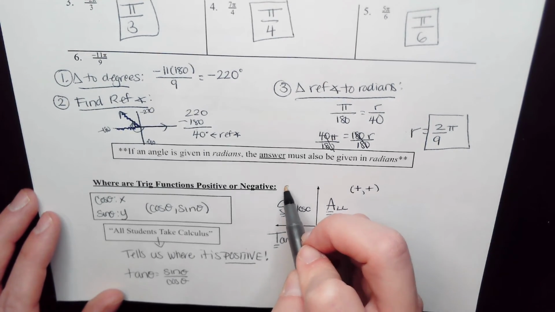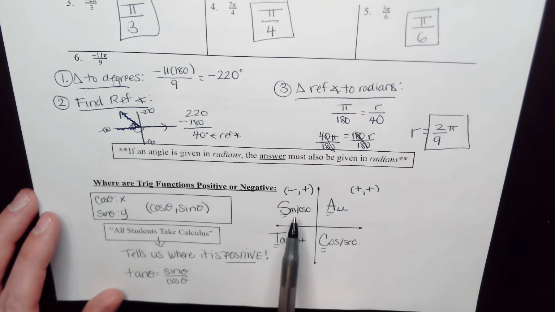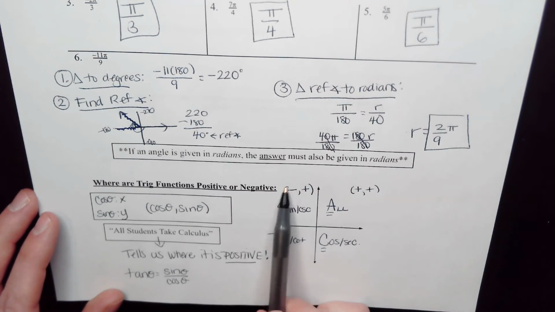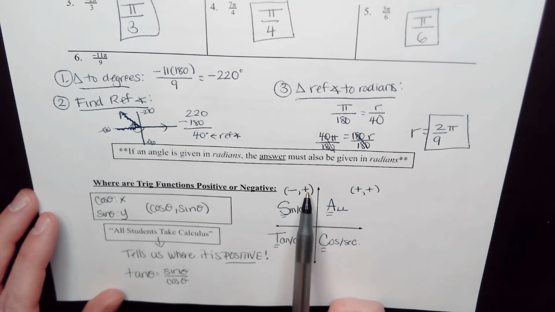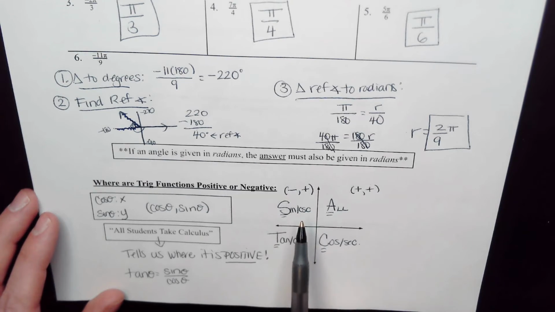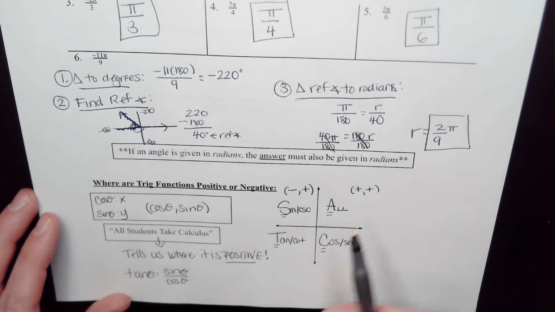In quadrant 2, you're going left, which is negative, and then up, which is positive. So cosine is negative because that comes first, sine is positive. Tangent, which is sine over cosine, positive divided by a negative would be negative. So the only one that's positive is sine here.